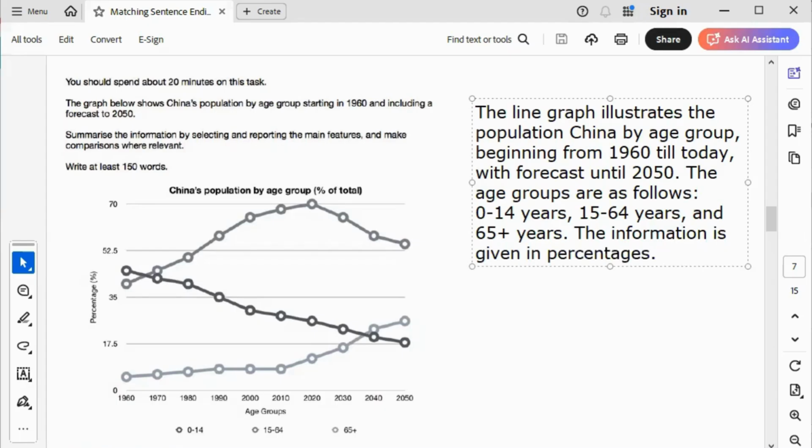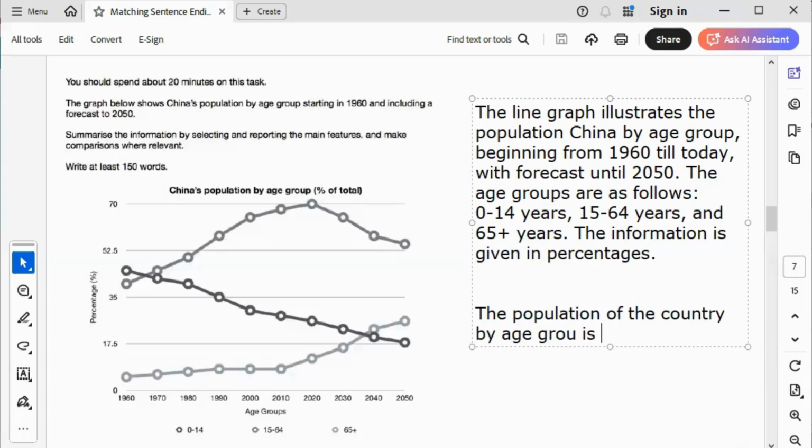Another way to say it is that the proportion of the population of the country by age group is represented in percentages.